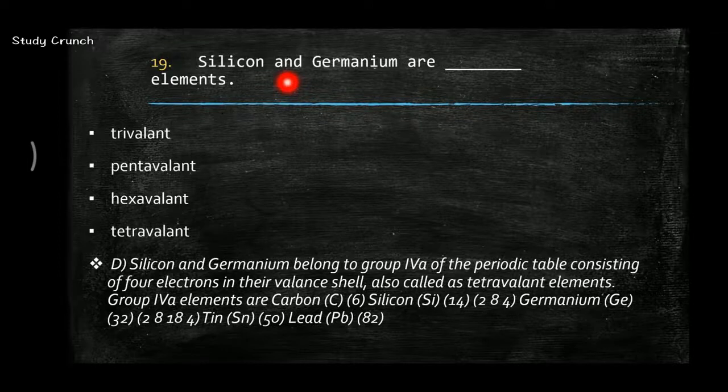Next, silicon and germanium are tetravalent because they belong to group 4 of periodic table consisting of 4 electrons in their valence shell, and we can also define carbon, silicon, germanium, tin, lead as the fourth group elements.